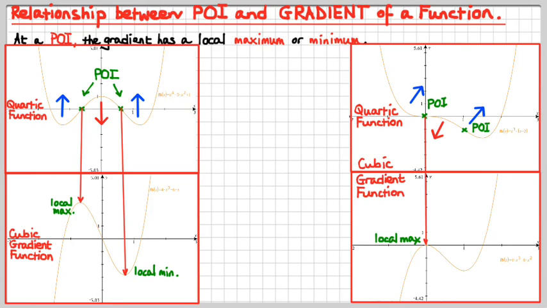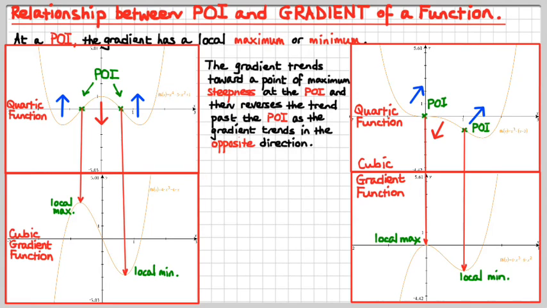Yes, that's a local max, even though it's a stationary point POI. It's still a local max, it just comes up to this point here. The gradient doesn't actually get to be positive, it's negative, comes up to the POI and then goes back and becomes more negative again, right? And this other POI over here, we've got a local min, haven't we? Isn't it marvellous? It's just something else, this stuff.